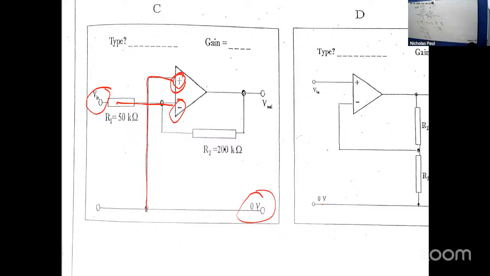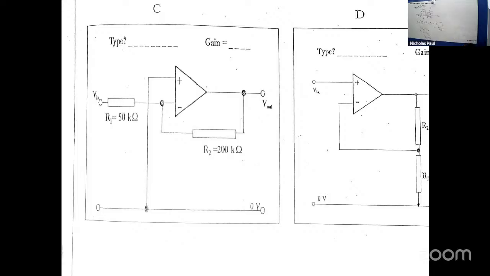Watch it good. Inverting op amp. All they do is they just draw the feedback underneath. That's all. And they flip the positive and negative to confuse you. See that? So they kind of flip the whole circuit upside down.